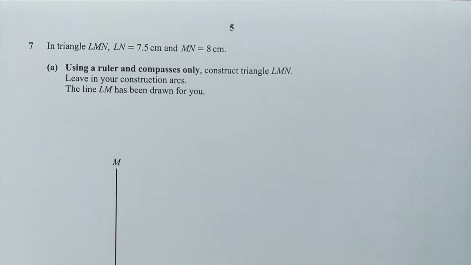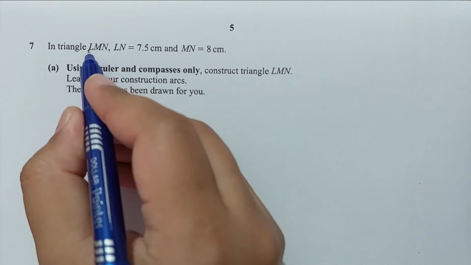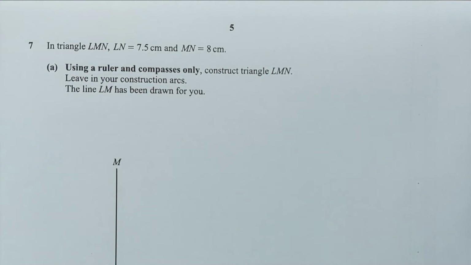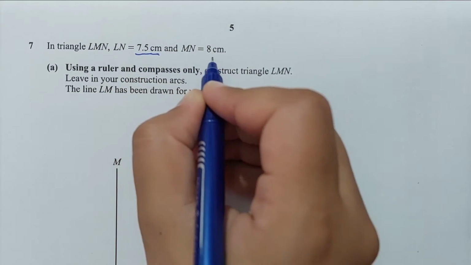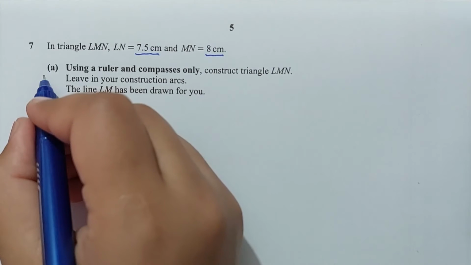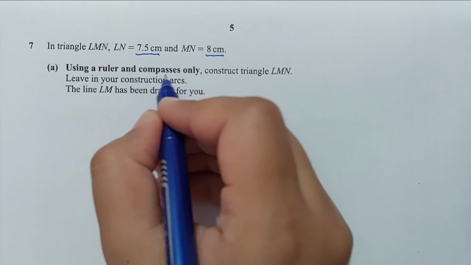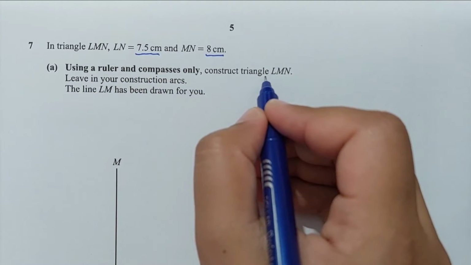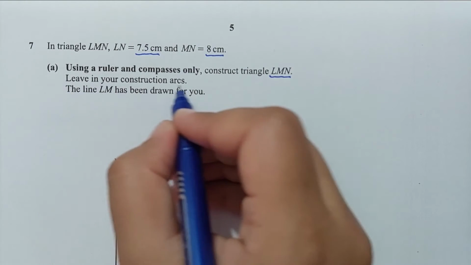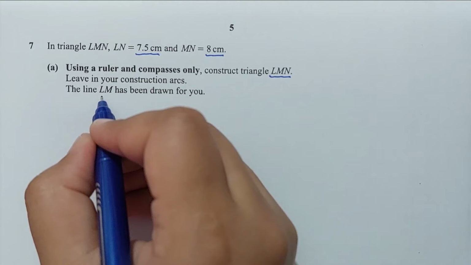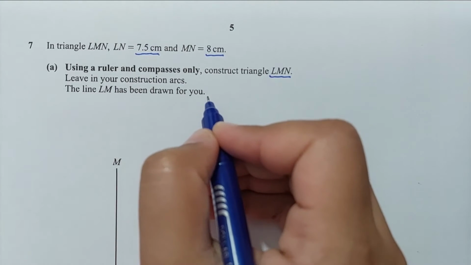Right. Question number 7, in triangle LMN, LN is 7.3 centimeters and MN is 8 centimeters. Part A, using a ruler and a pair of compasses only, construct the triangle LMN. Leave in your construction arcs. The line LM has been drawn for you.